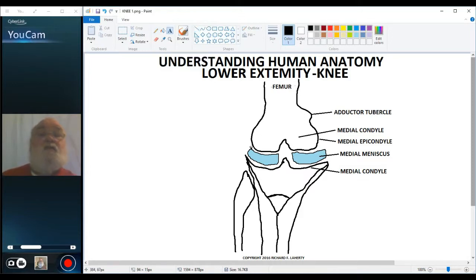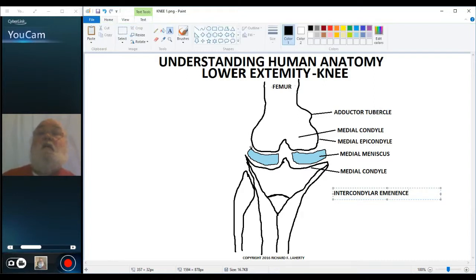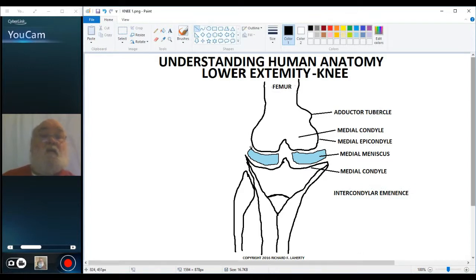We have the intercondylar eminence. We have the tibial tuberosity.